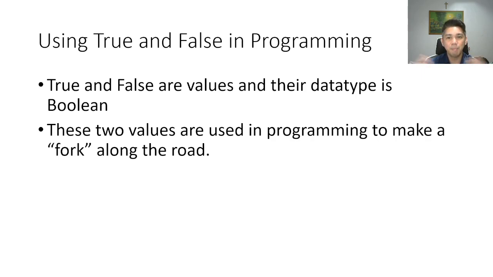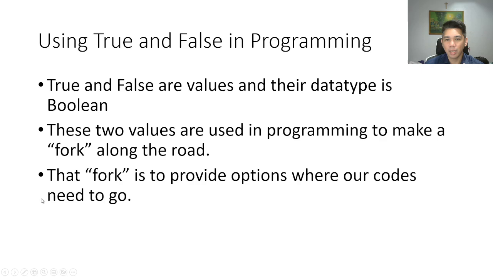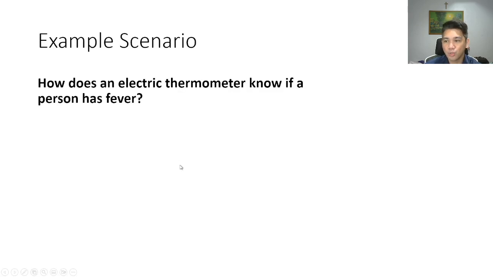We can deepen that using the lessons that we will have from here onwards. Now that fork is to provide options where our code needs to go. Let me give an example.